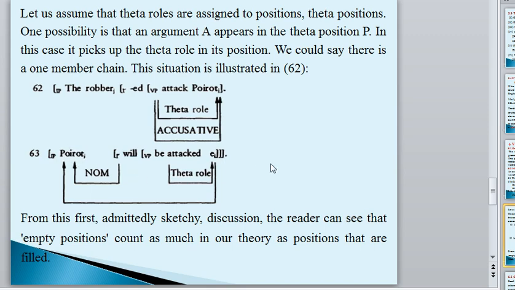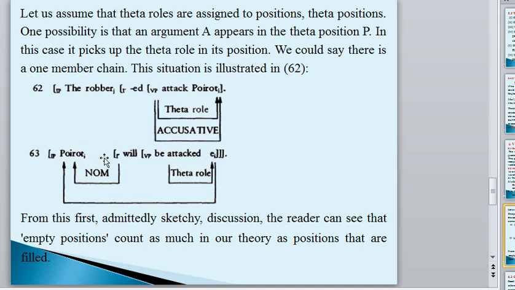From this first discussion, the reader can see that an empty position, this is the abbreviation of empty position, counts as much in our theory as positions that are filled. Okay, it's the place of the moved element, the Poirot.